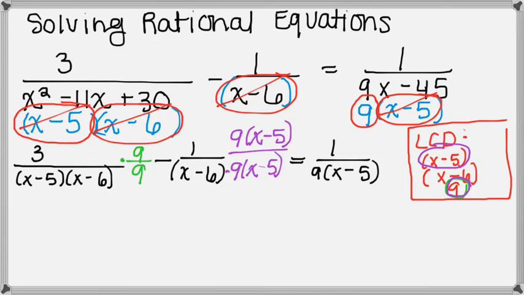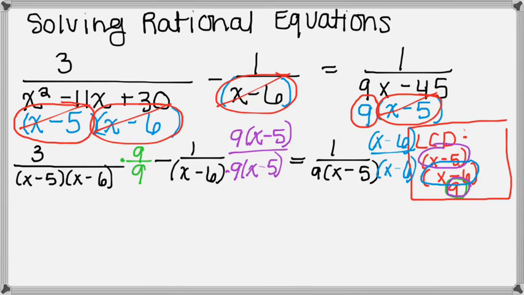And then if we look at the last one, 1 over 9 times x minus 5, what's missing is the x minus 6, so I'm going to multiply by x minus 6 on the top and the bottom.